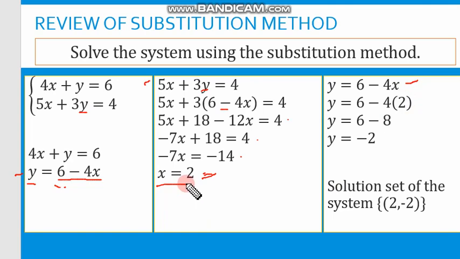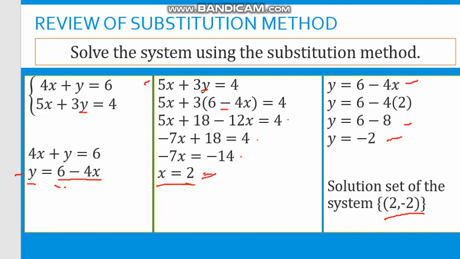Substituting x with 2, y equals 6 minus 4 times 2. Negative 4 times 2 is negative 8. So 6 minus 8 is negative 2. So y is equal to negative 2. So the solution set of the system is 2 and negative 2.